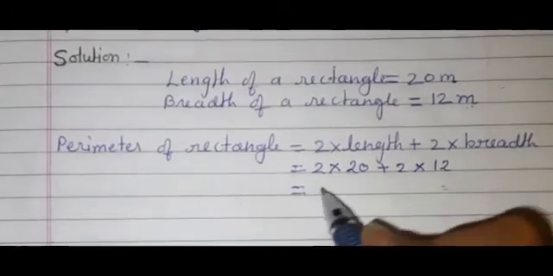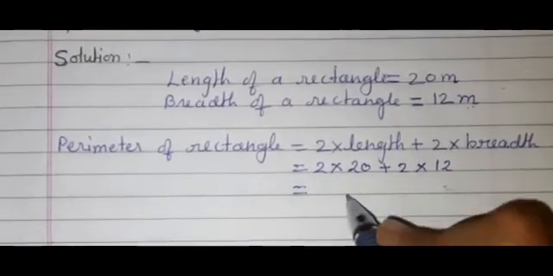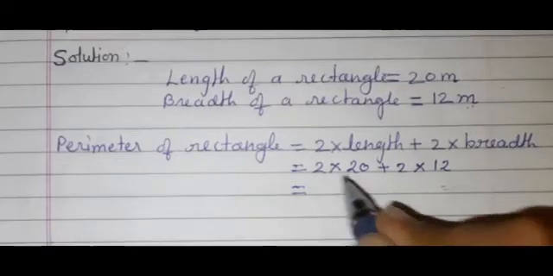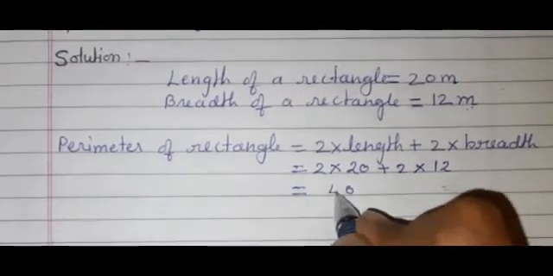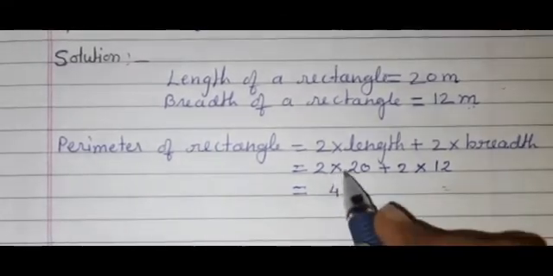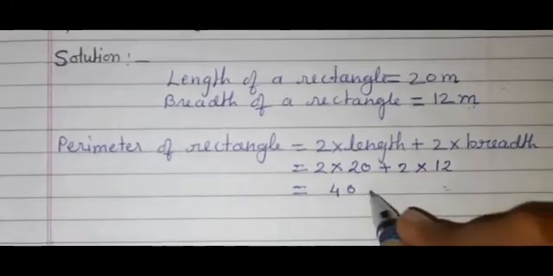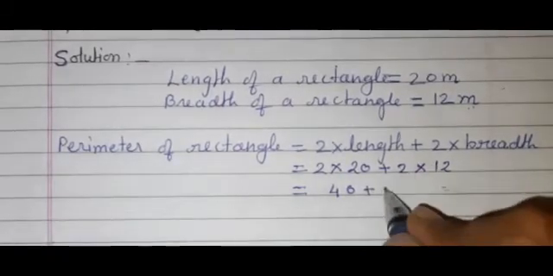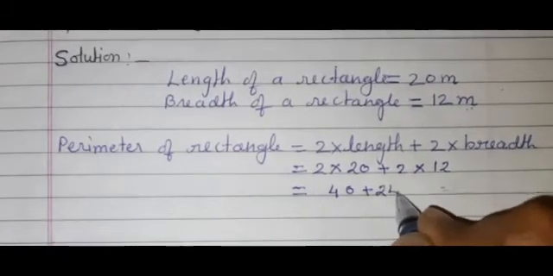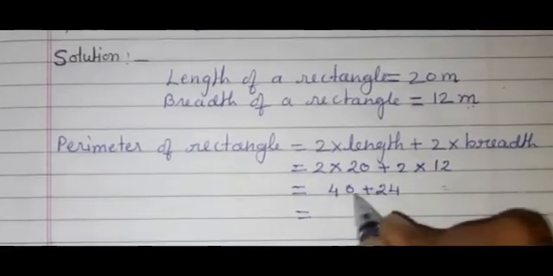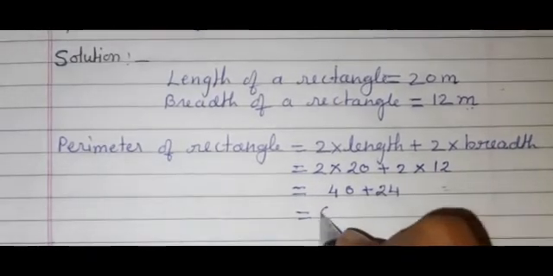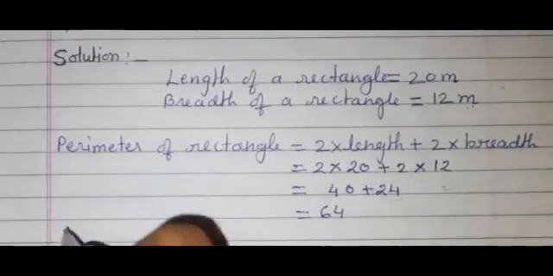Now make the multiplication. You write 0 as it is and 2 2s are 4. Means 20 multiplied by 2 is 40, plus 12 2s are 24. Now make the addition. 40 plus 24 is 64.